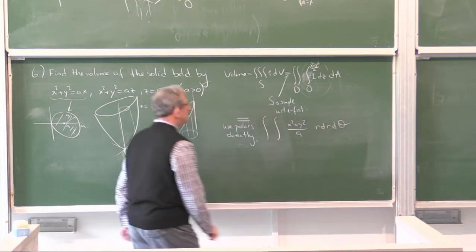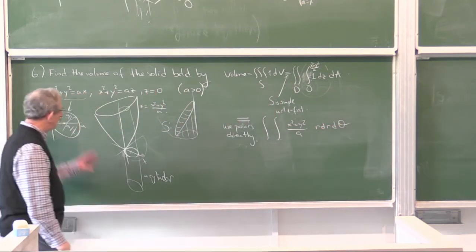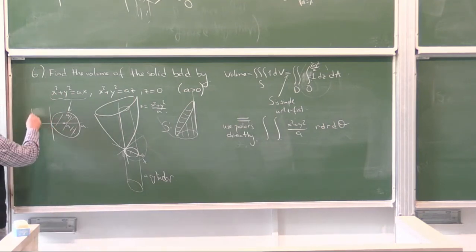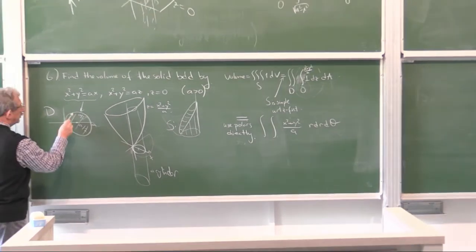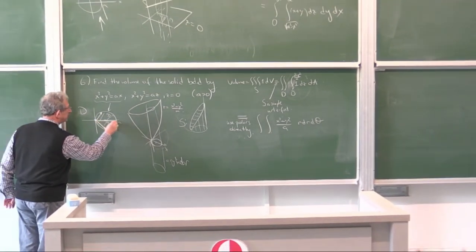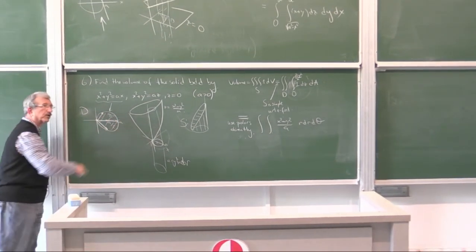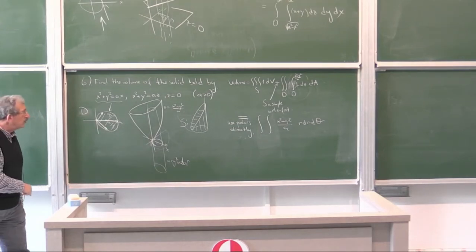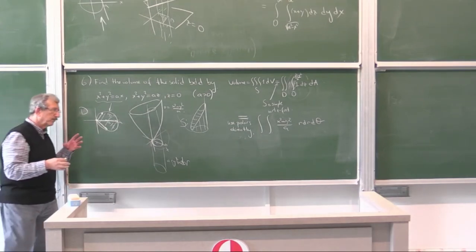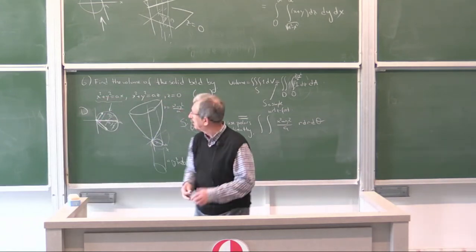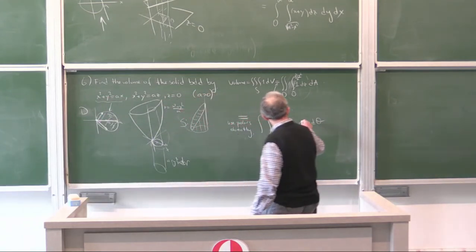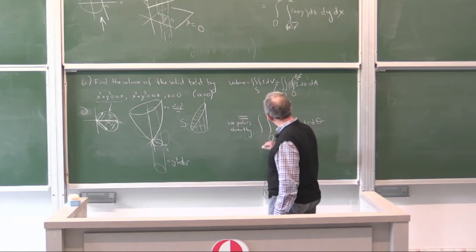And r changes, in this D here, from 0, it moves in all directions, and always it hits the circle. So we have to find what this circle is in the polar language. So r starts from 0, hits the circle.